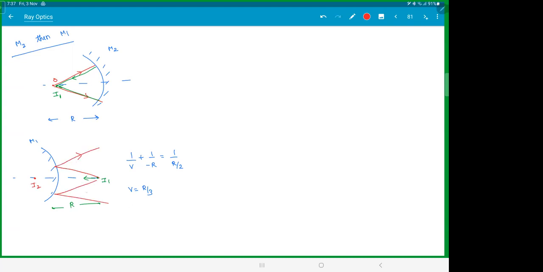So if you look at the ray diagram, there. That's your first answer, r by 3. And for the second one, M1, then M2. Luckily, we have just done this.